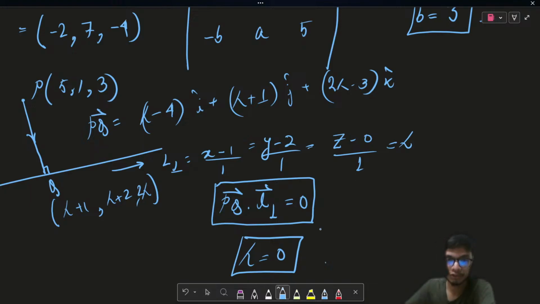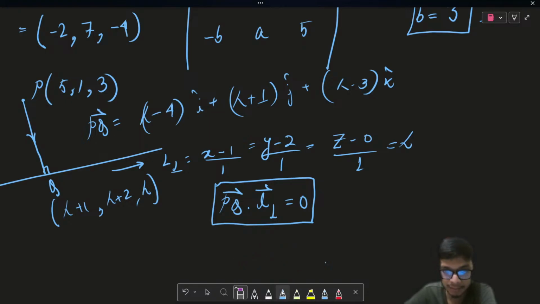All right. So if I change this, the point Q will become (lambda, lambda plus 1, lambda) and here I will have lambda minus 3. Then I will solve for this. Let me check what value of lambda I'm getting. I will get lambda minus 4. This is a dot product, which is very simple, and the L1 direction ratios are 1, 1, and 1.